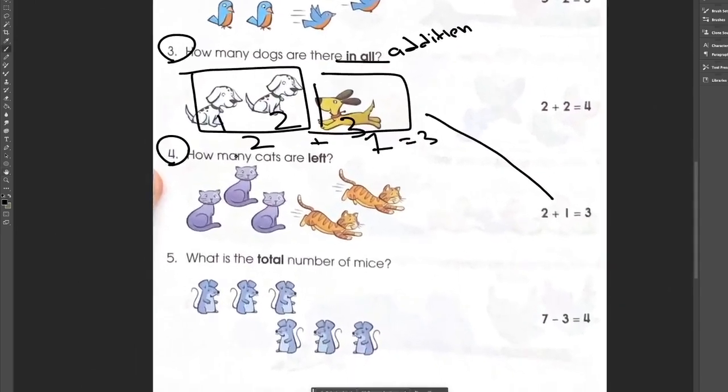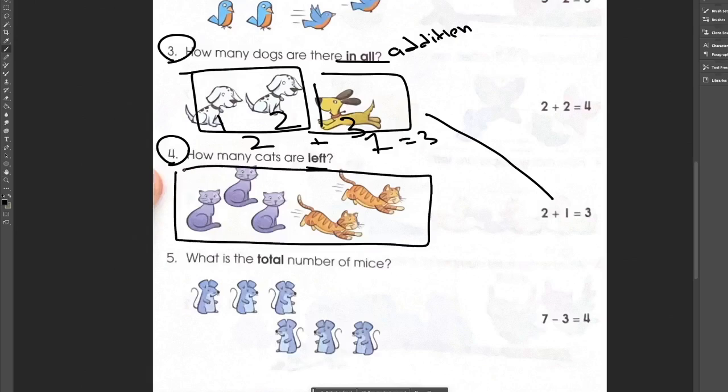Now for 4, we have how many cats are left. So in a similar process, but technically the opposite, we have to first count the total number of cats, because this isn't an addition problem, but a subtraction problem, because it says the word left, and the total number of cats is 1, 2, 3, 4, 5 cats.